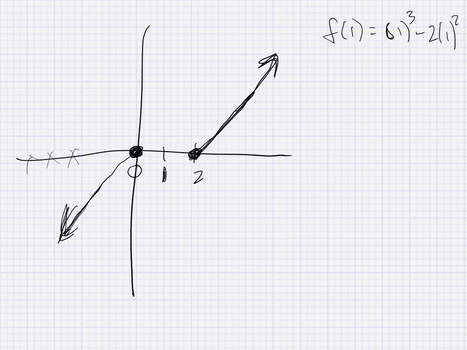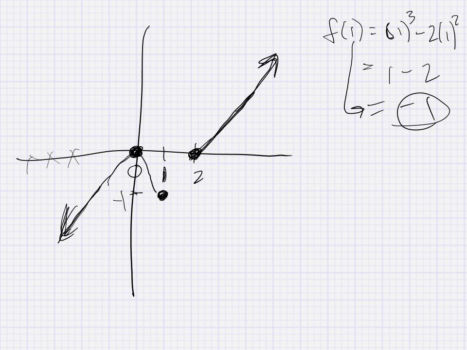Just plugging in 1 where there was an x, we're going to get 1 minus 2, so negative 1. So when you plug 1 in, you get negative 1 as an answer, which means you have this point right here, 1, negative 1. So my graph has to go through that point. So it's going to come up to here, turn, and go back again. So that's what my graph will look like.